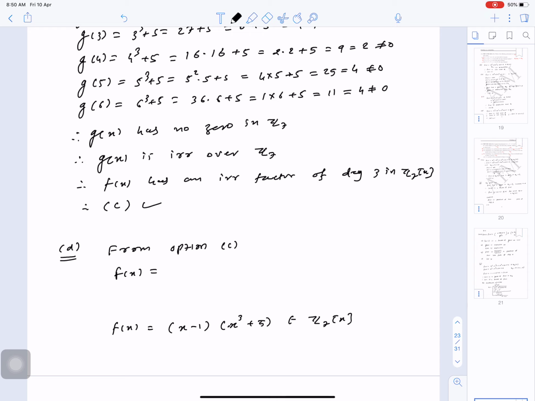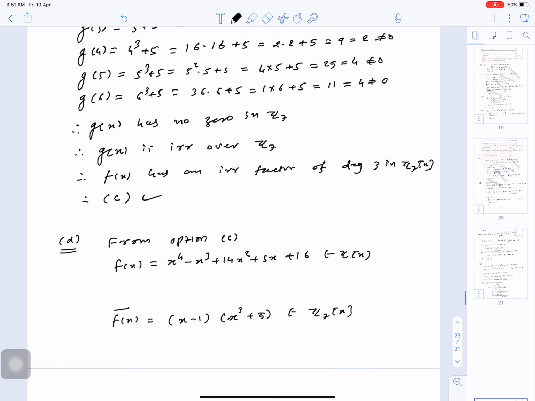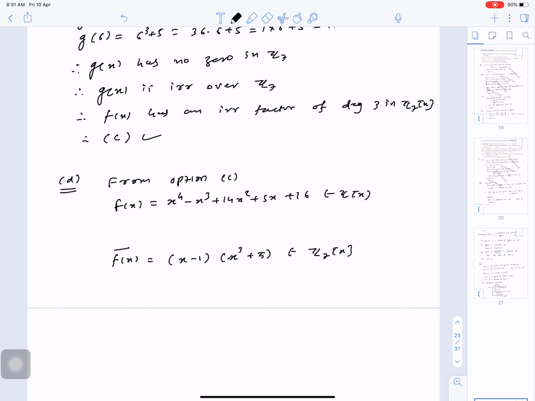What is the polynomial fx? It is x raised to 4 minus x cube plus 14x square plus 5x plus 16, over Zx. But you consider f bar over this, then by option C, f bar is this one.